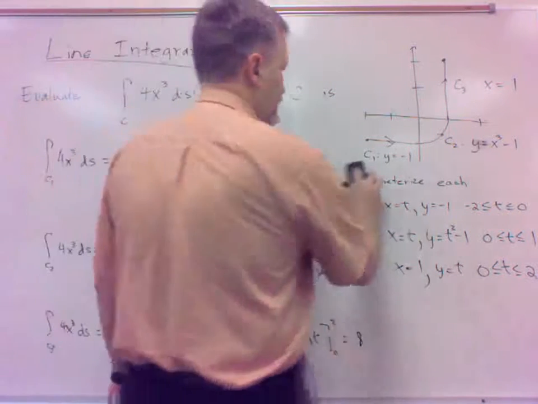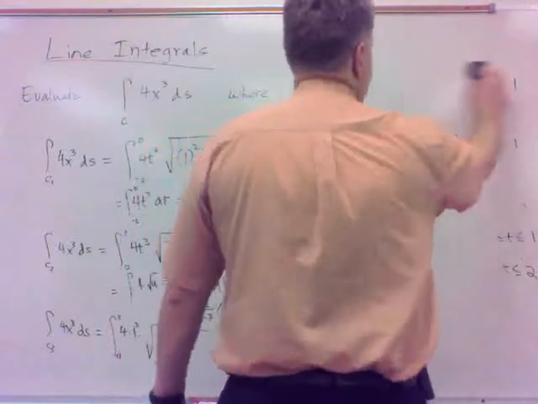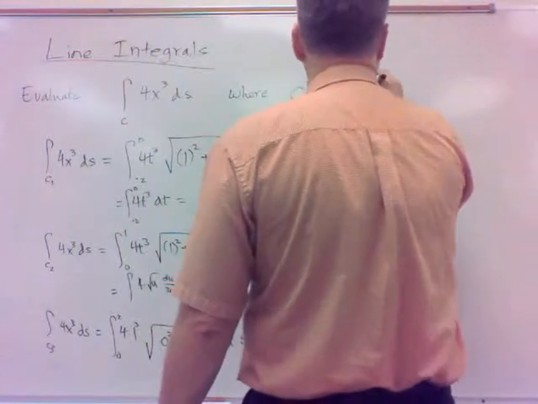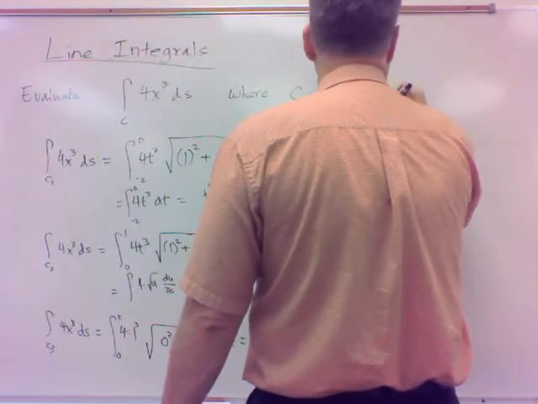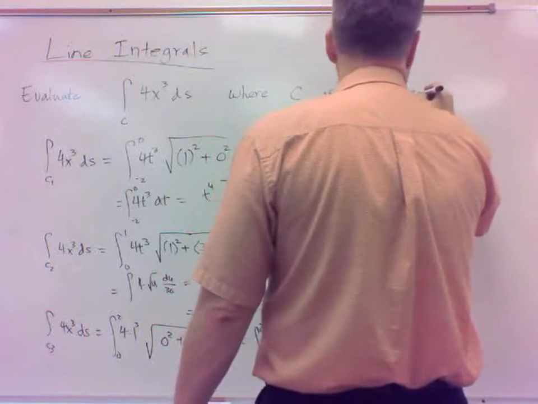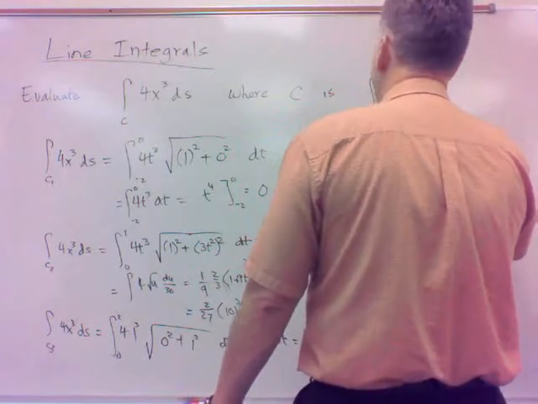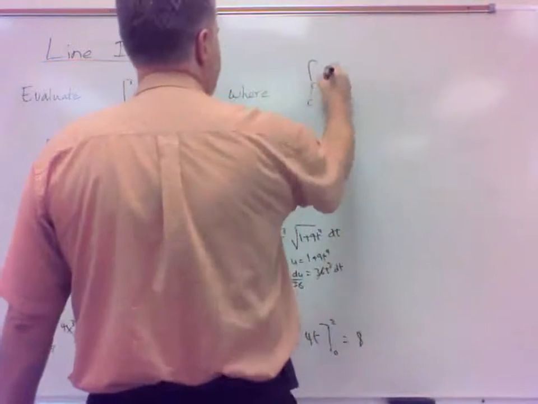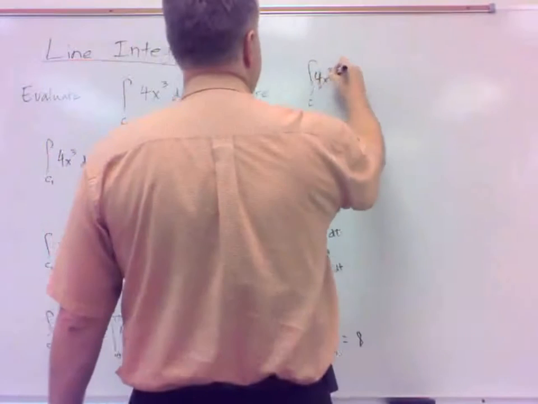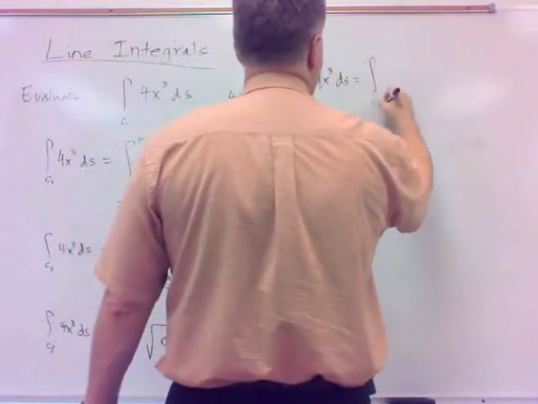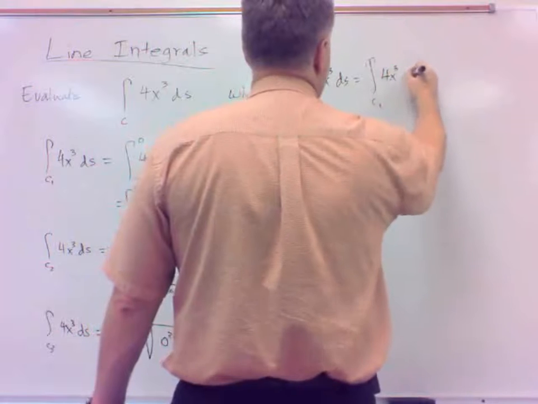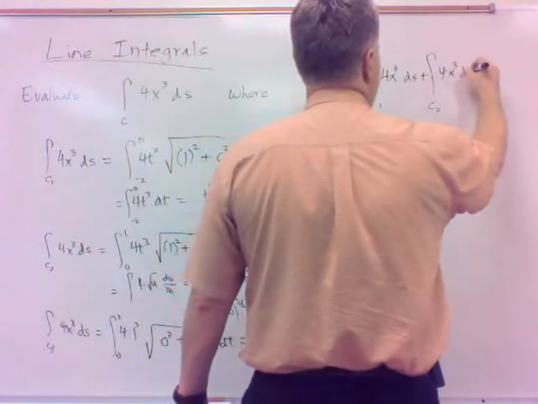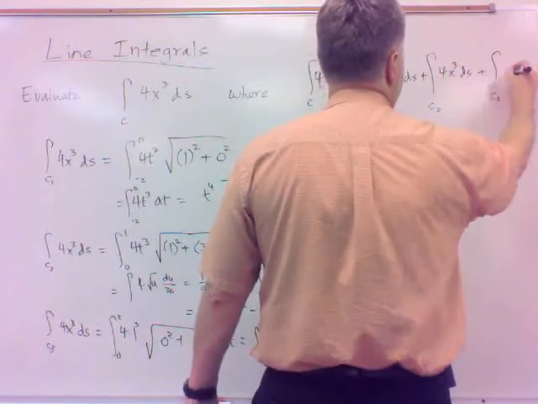So yeah, our integral for 4x cubed ds over our C, we just take the integral over each one: over C1, over C2, and then add to that the one over C3.